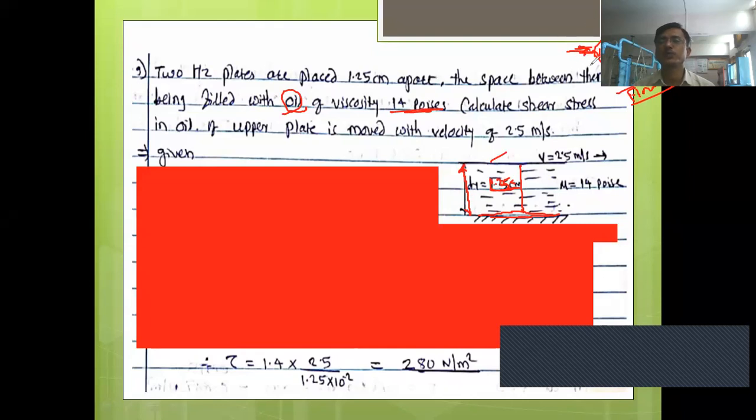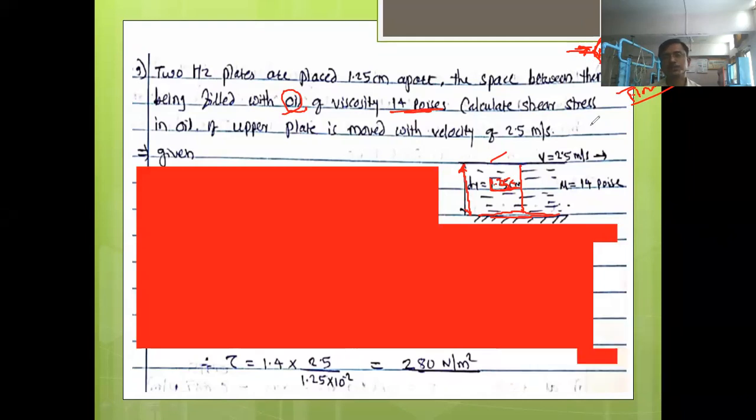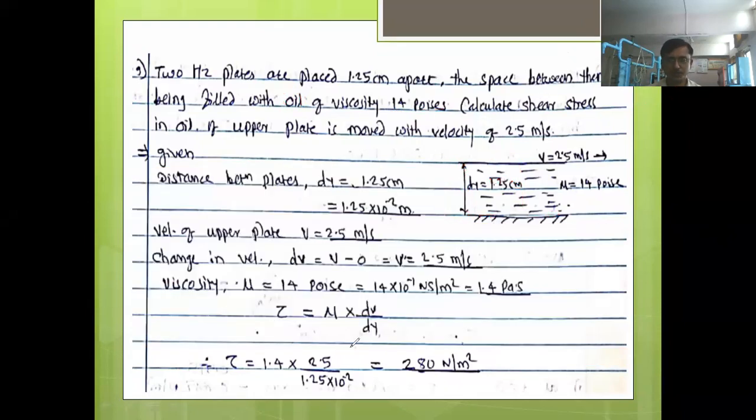If there is no flow, where is this resistance going to occur? So you have to keep in mind that viscosity is a flow phenomenon or motion phenomenon. If there is no velocity, if there is no flow, then there will be no viscosity.